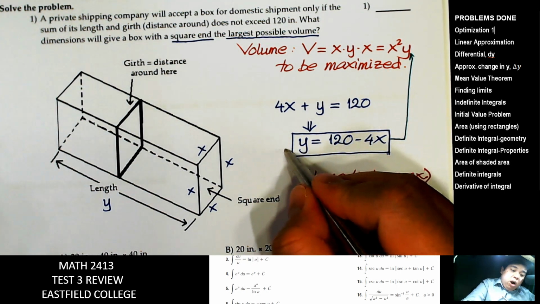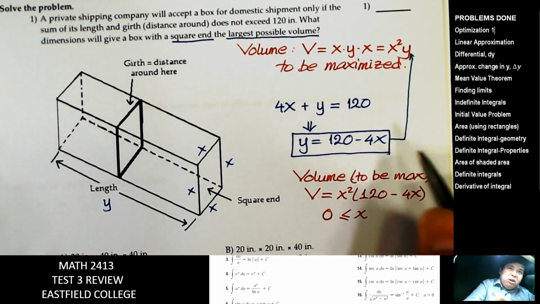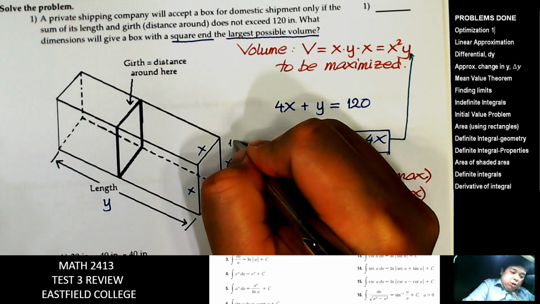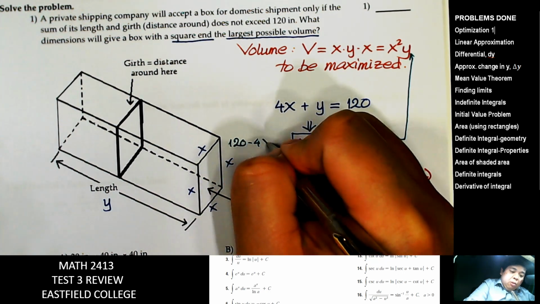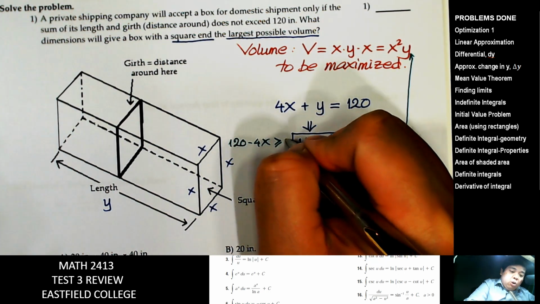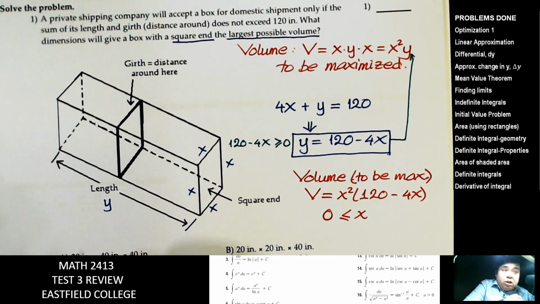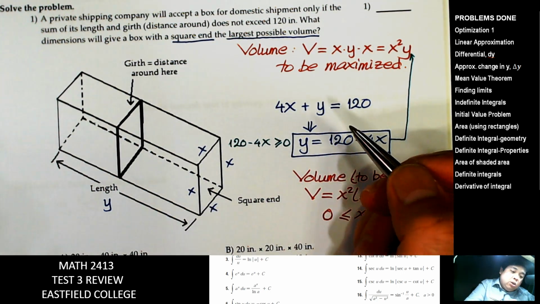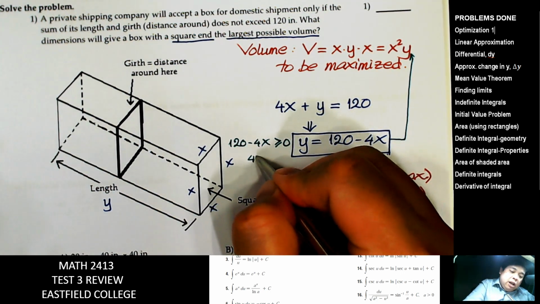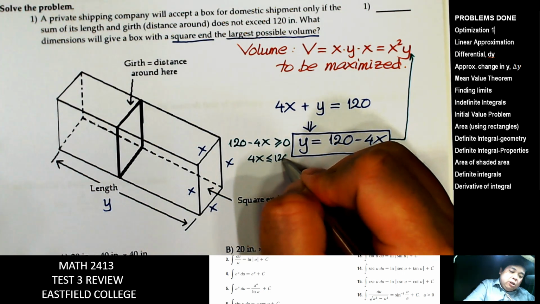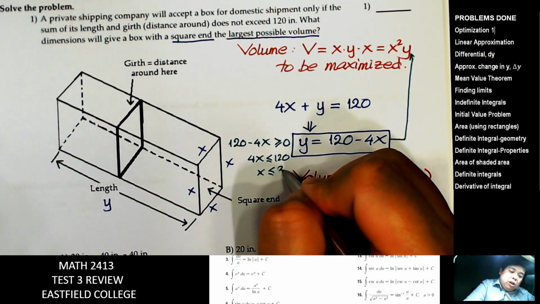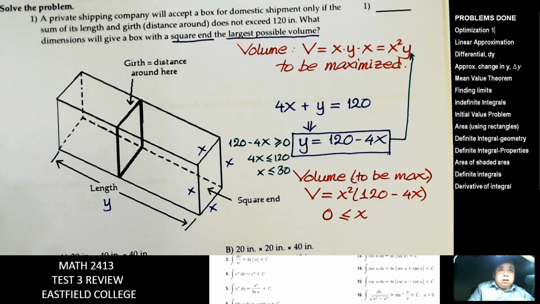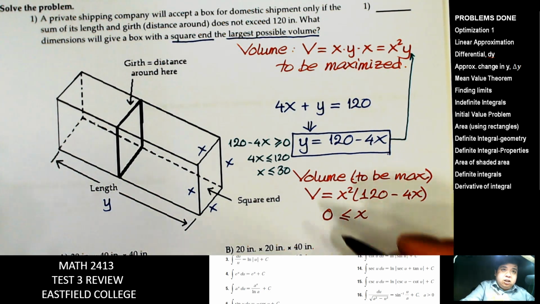So y equals 120 minus 4x, and 120 minus 4x must be greater than or equal to 0. We solve for x: 4x less than or equal to 120, so x less than or equal to 30.